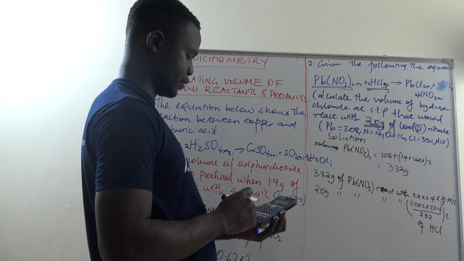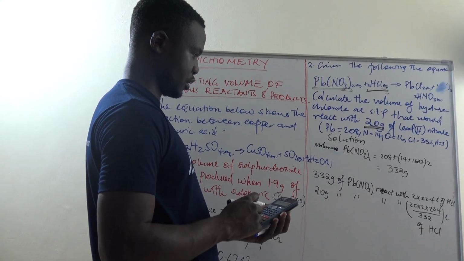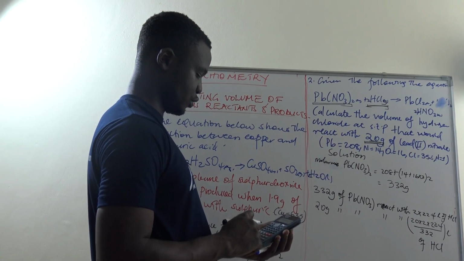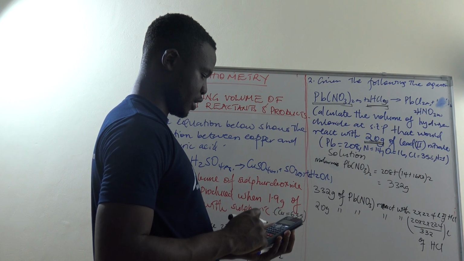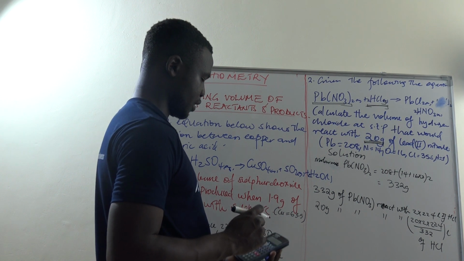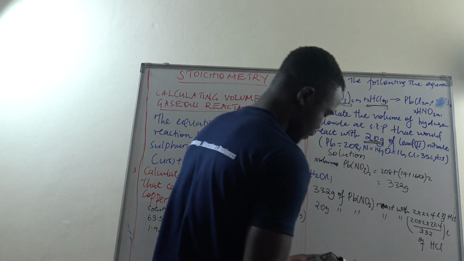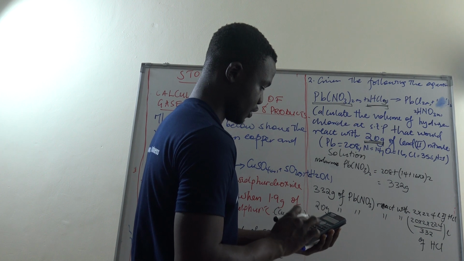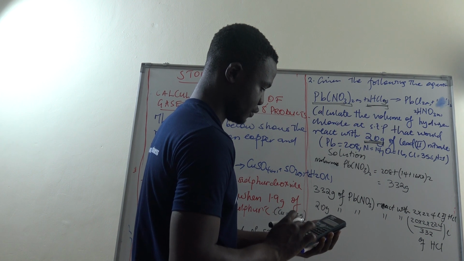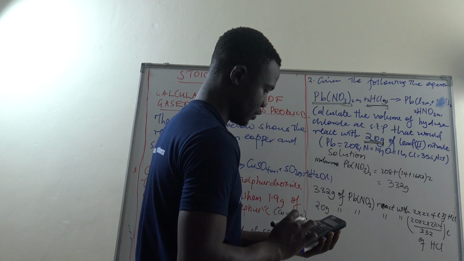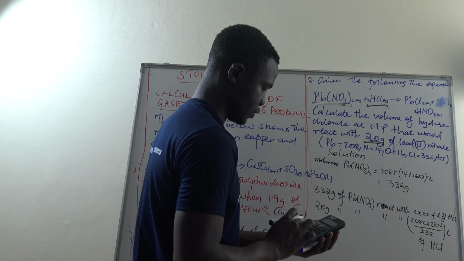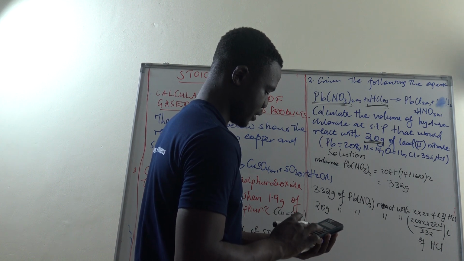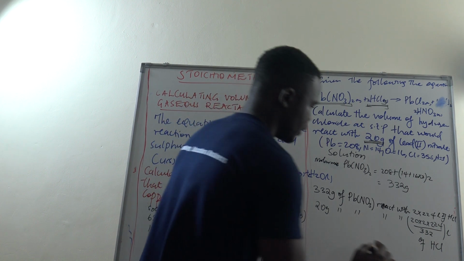That is 20 times 2 times 22.4 divided by 332. Let me reconfirm my answer. 20 times 2 times 22.4 divided by 332 is correct.